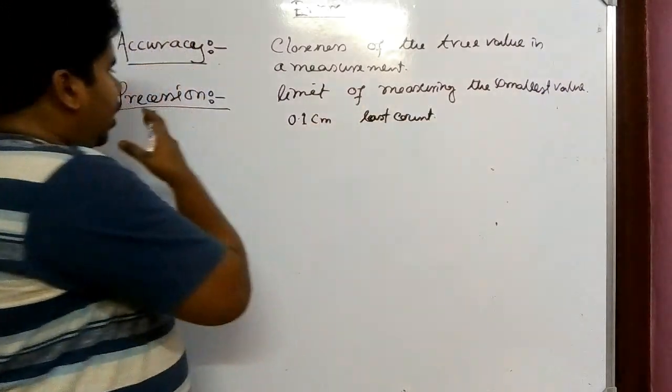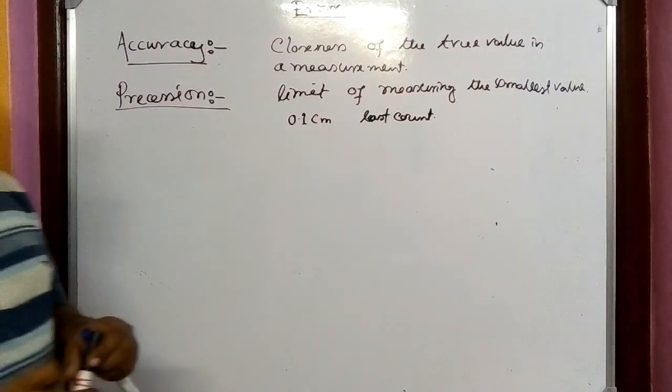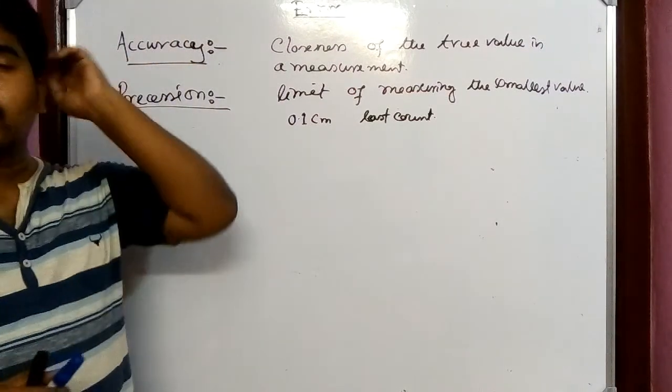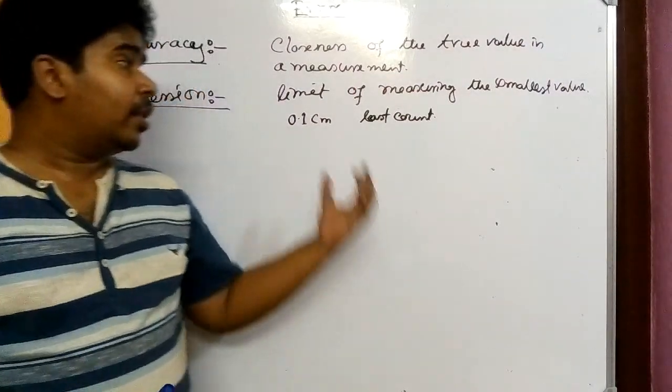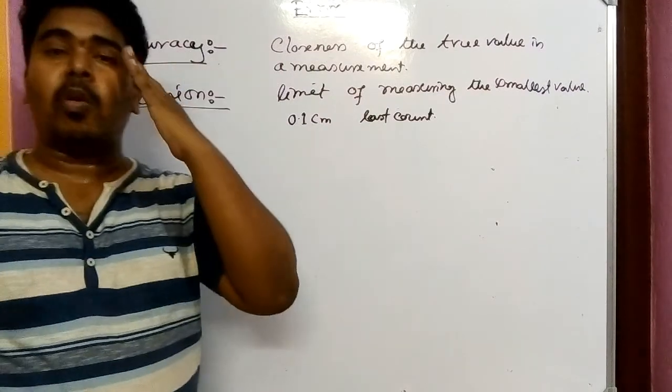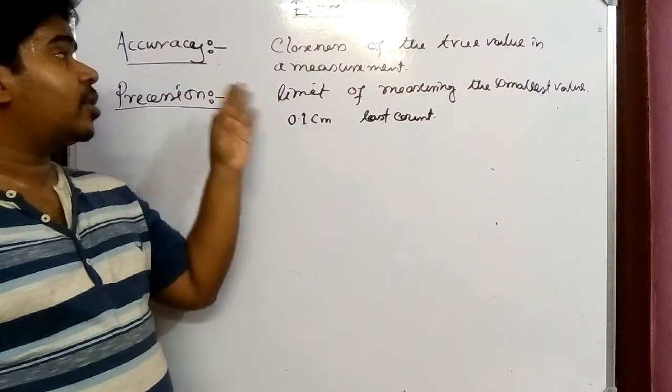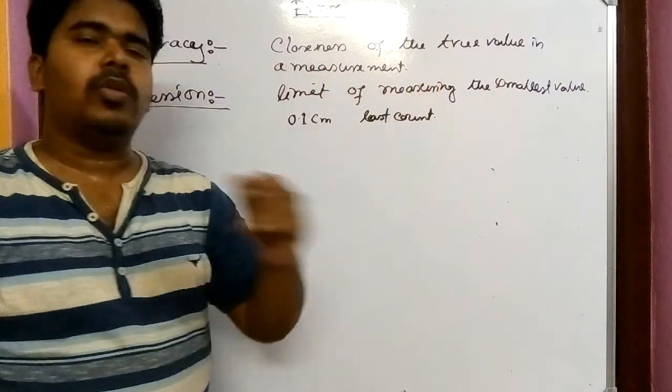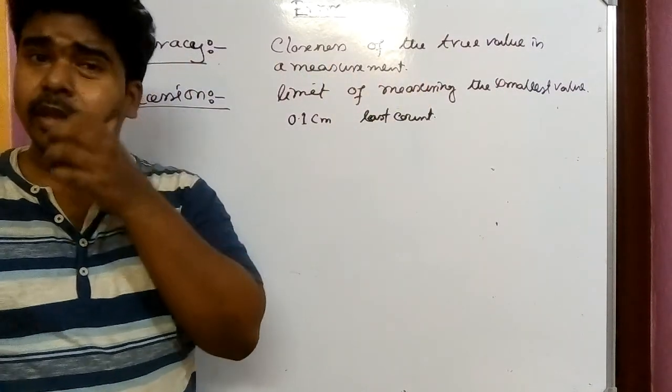Precision tells us the limit of measuring the smallest value. If the limit is smaller, then the precision will be more, and if the precision is more, then your value should be more accurate.